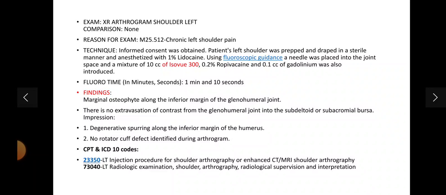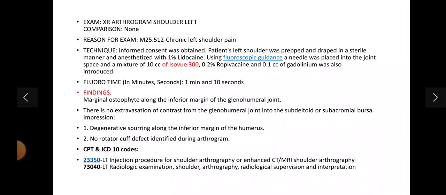If suppose this much only is given and the findings below are not there, then you will code fluoroscopic guidance. But here you see findings are there. They are mentioning what they have seen after the contrast: marginal osteophyte along the inferior margin of the glenohumeral joint, degenerative spurring is there, no rotator cuff defect identified during arthrogram.